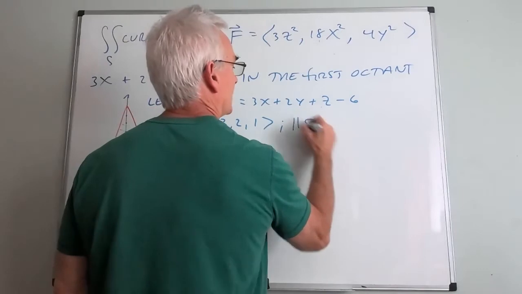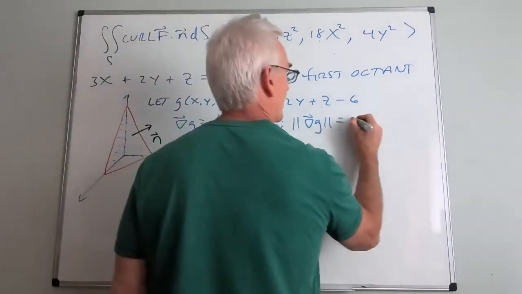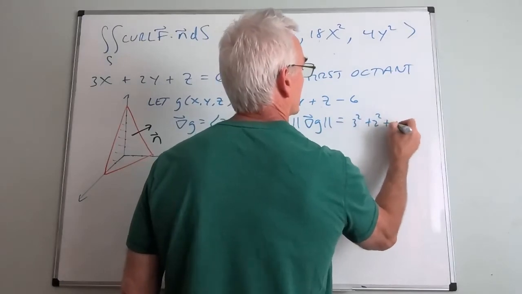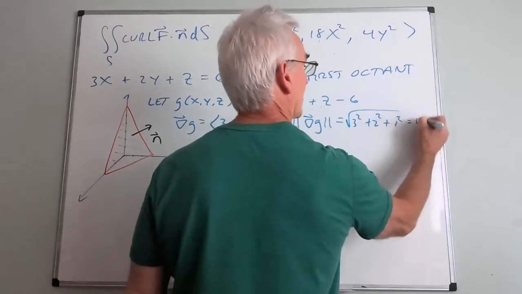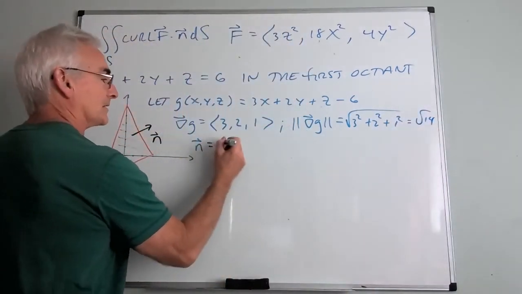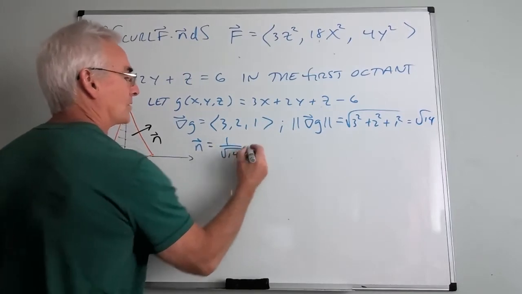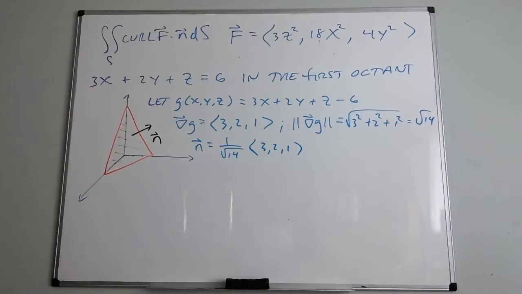The length of my gradient of G will be the square root of 3 squared plus 2 squared plus 1 squared, which would be what? Root 14. Therefore, my normal vector is 1 over root 14 times 3, 2, 1. Now, there's nothing wrong with distributing, but we know we're going to get some canceling a little later.